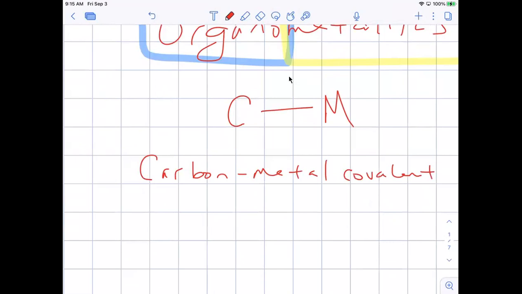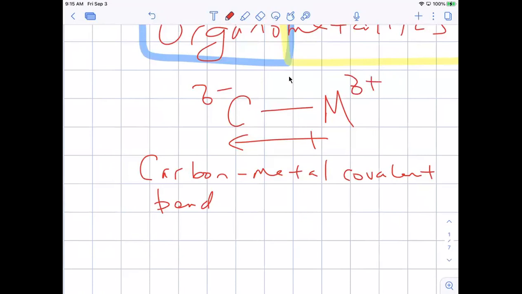All right, so we've got a covalent bond between the carbon and the metal. It's polarized towards carbon. So the carbon is partially negative, and the metal is partially positive.